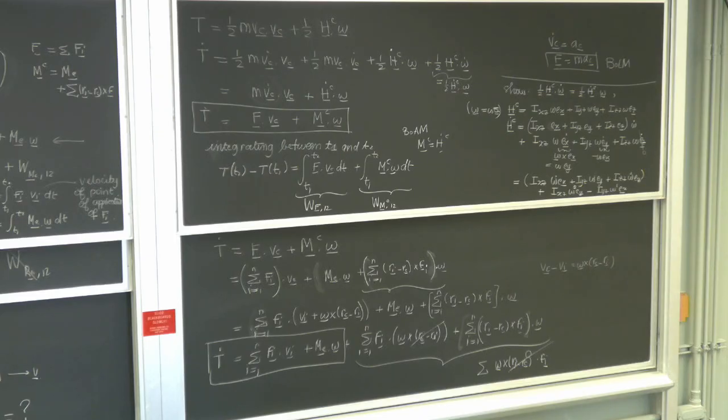So what do you think? The work of the friction force, 0 or not? I think it's not 0. Why not? The truck is moving, so there's some sort of velocity at the point of contact. So what do we think? The work is 0 or not?